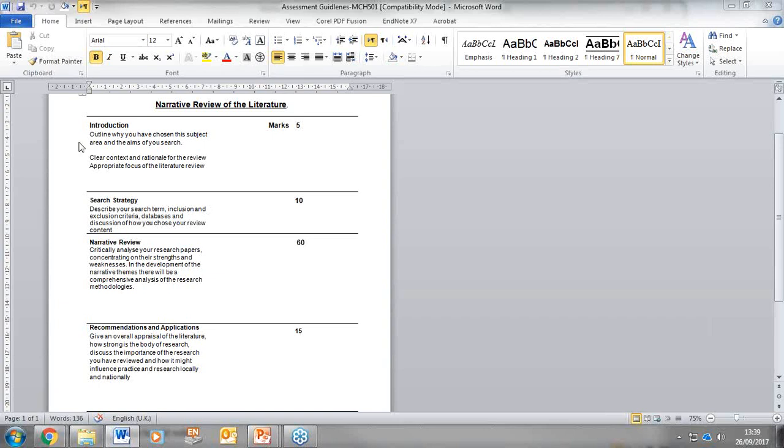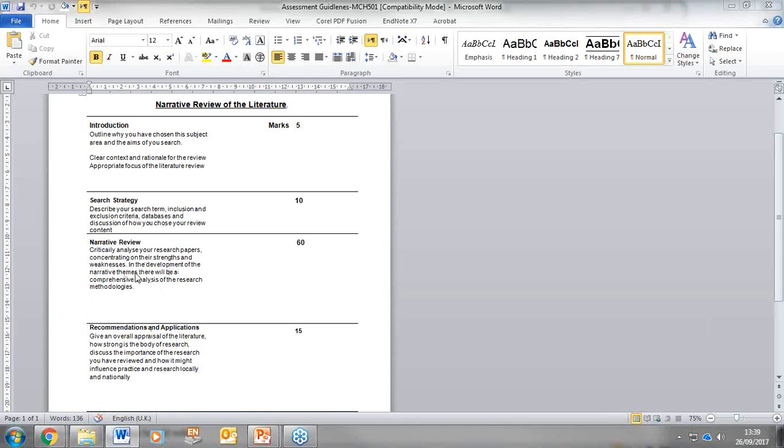So we've got the introduction, which outlines your chosen subject and the aim of your search and your search strategy, which is given 5 marks. Search strategy, describe your search terms, inclusion and exclusion criteria, databases, and discussion of how you chose your review content, giving you 10 marks.